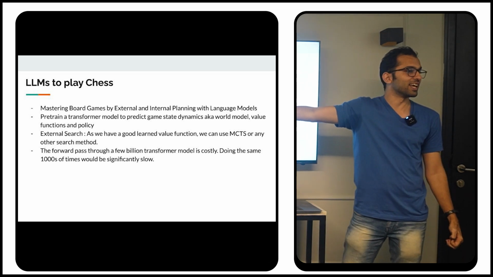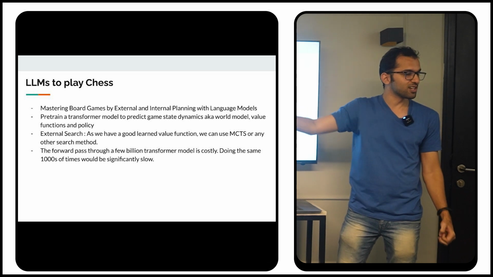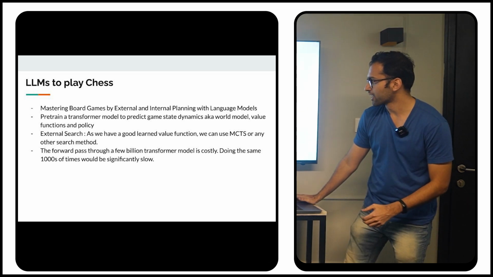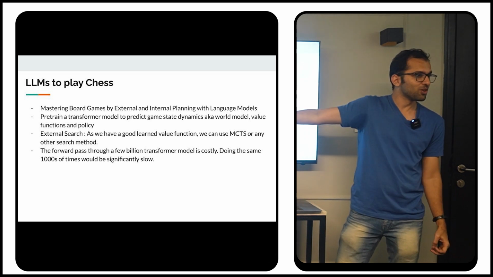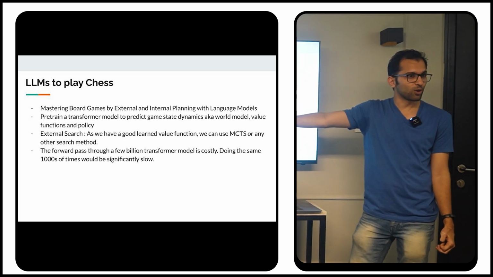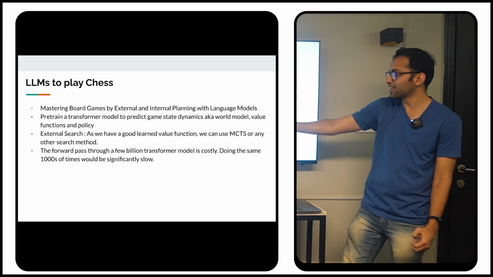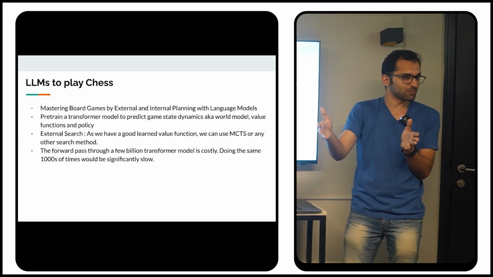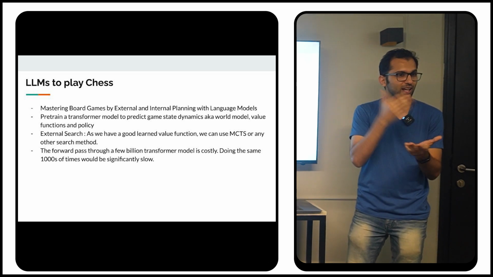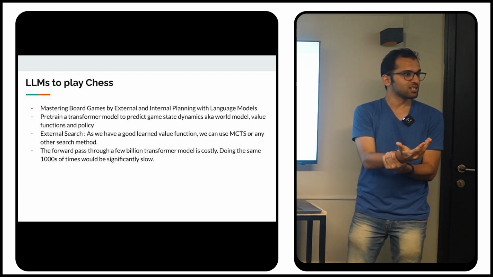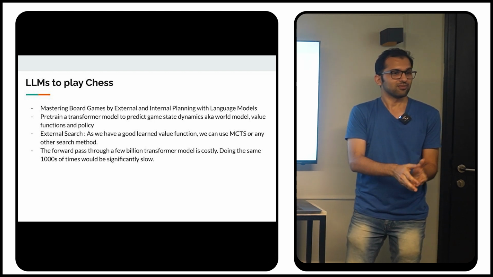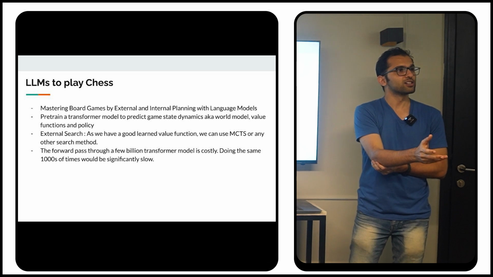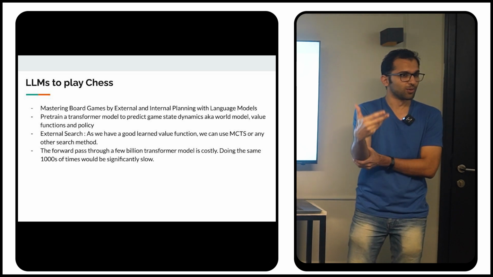And then they did external search, which is Monte Carlo tree search, and they got an amazing performance boost. The one thing which they explicitly talk about in this paper, which is a DeepMind paper, is that doing a forward pass through a few-billion-parameter transformer is expensive. In Monte Carlo tree search, like in AlphaZero, you do tens of thousands to millions of simulations.